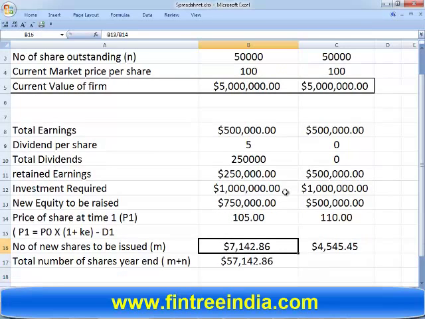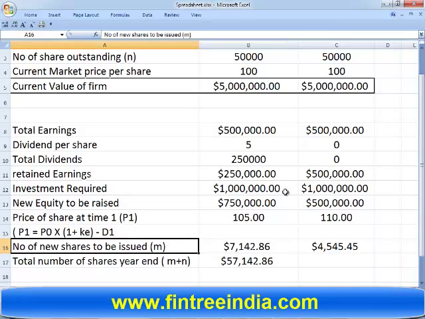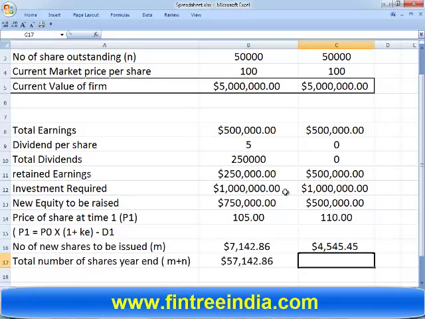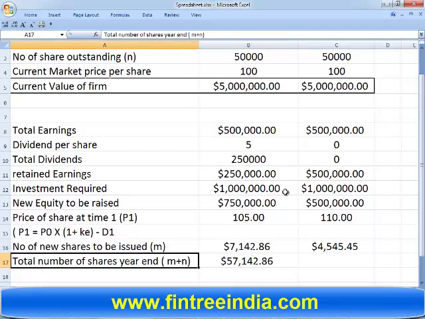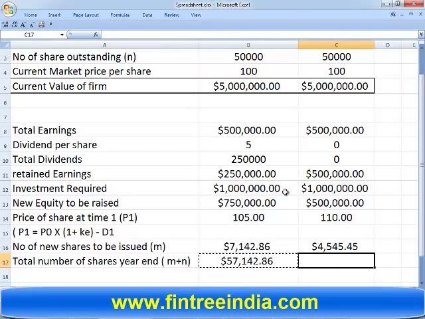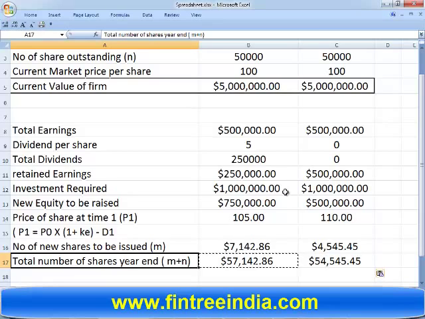When we wrote your formula, what did we write for M? We'll try to maintain consistency. M and N, N was the beginning. Okay. So these are the number of shares that we have now. Okay.